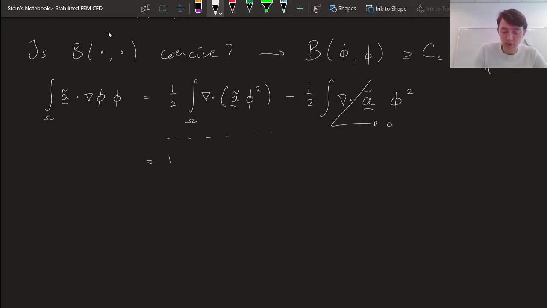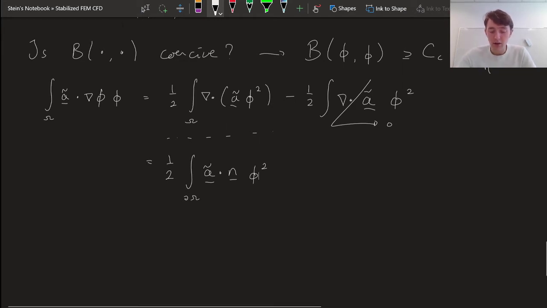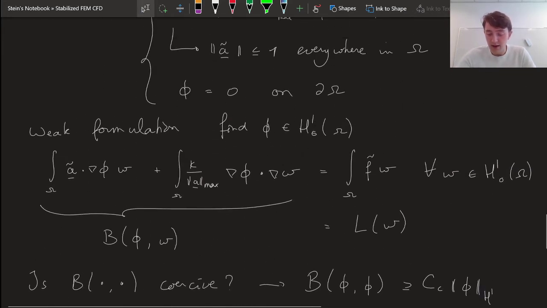So what does that end up saying? It says half the integral over the boundary of our domain of, well, whatever is inside of the divergence, that is A tilde dot n, our normal vector, times phi square. So this is going to be completely equal to one another. And now we're looking for functions phi in H1 0. So all the functions that are 0 on the boundary.